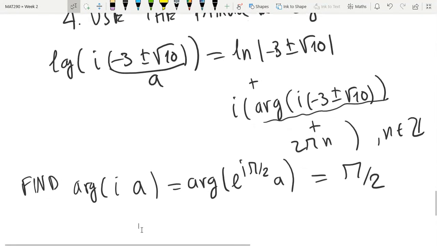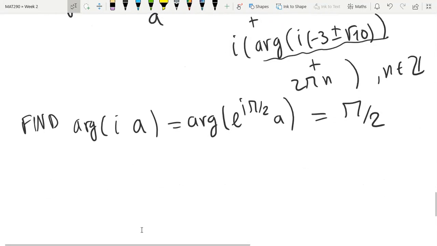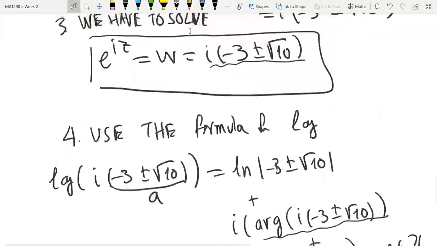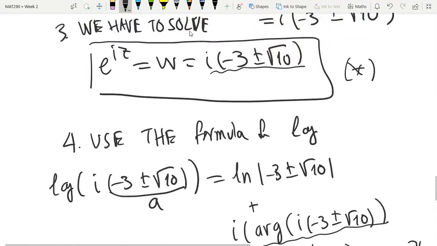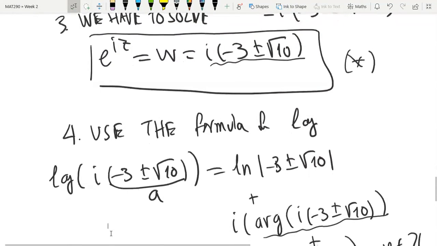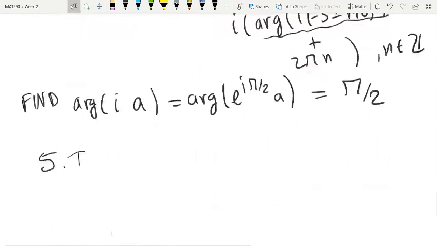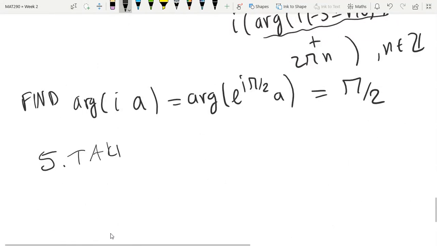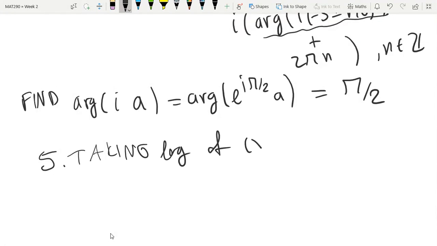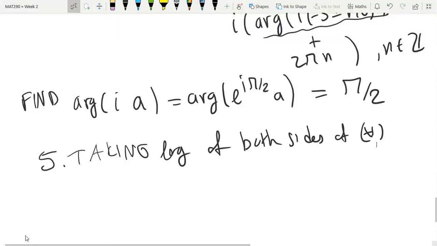Okay, so let's finish this. Let me call this equation star. So taking log of both sides of star gives the following.